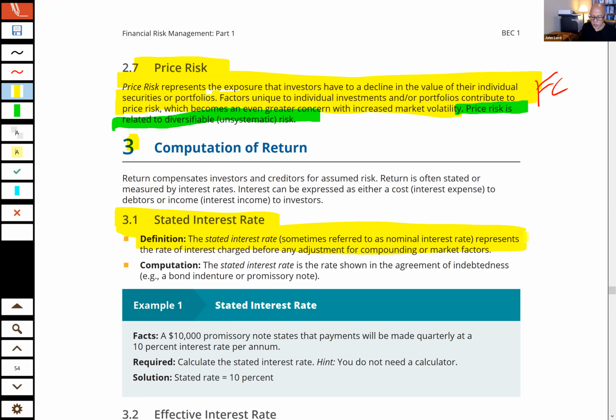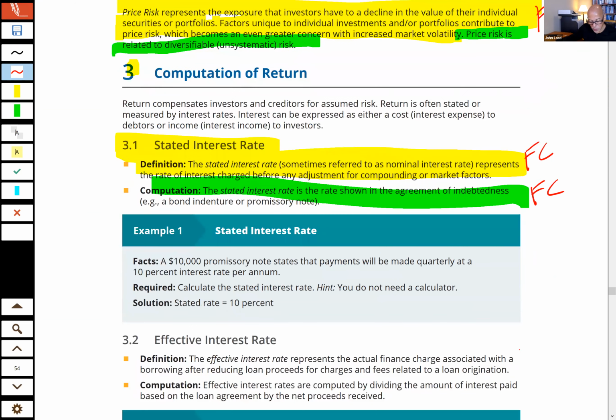Whatever the interest is that's being charged or paid on that, it's stated in the terms of the agreement. And so there's really no computation because it's written on the documentation of the loan, what the interest rate is going to be. So you take a look and they say, well, a $10,000 promissory note states that payments will be made quarterly at 10%. And the question is, what's the stated rate? Well, the stated rate is 10% because that's what it said.